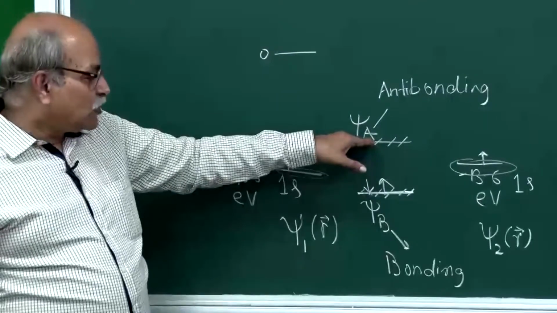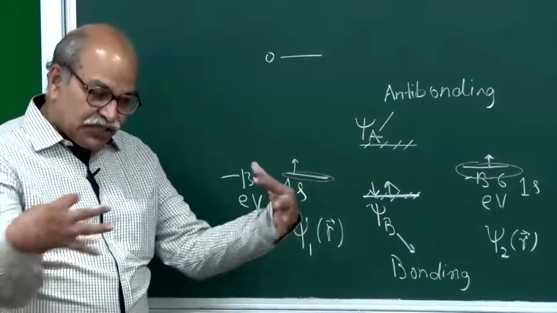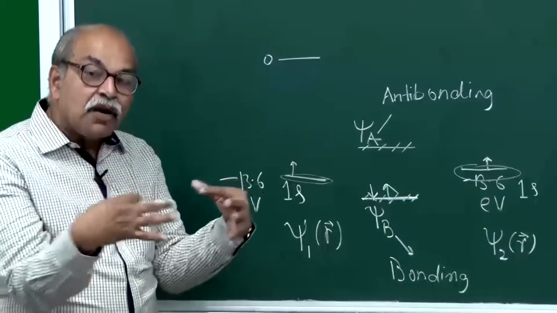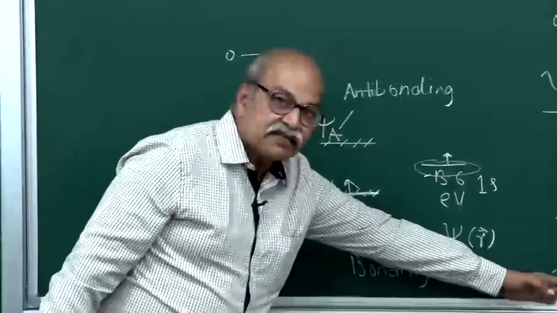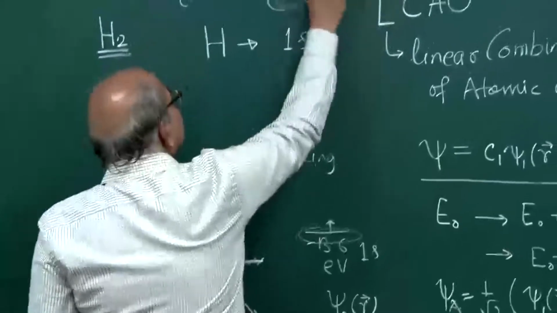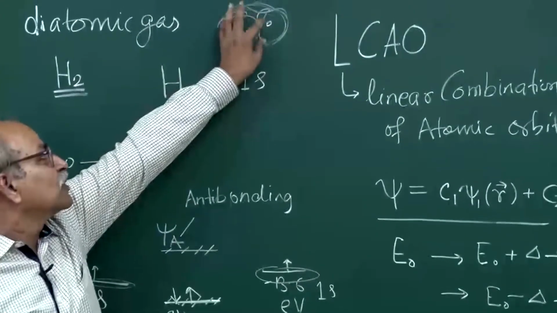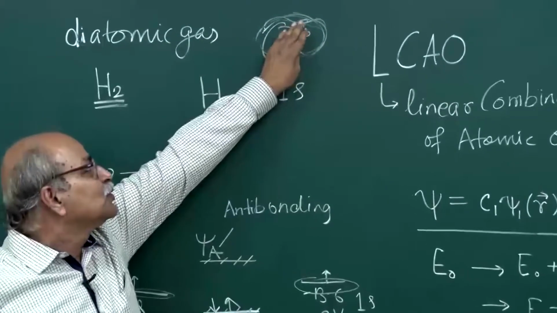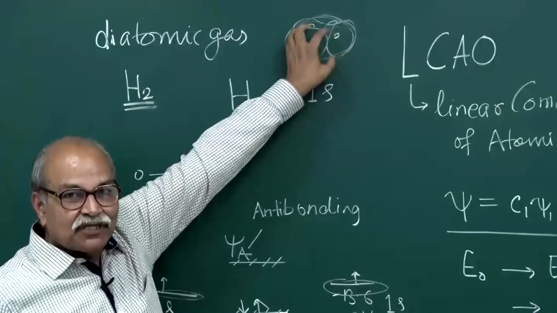Okay, this is called bonding because these are the electrons which keep this molecule bound. The wave function is symmetric, and there is some kind of an overlap here. So you have electrons which are closer to these nuclei, and it's a bonded molecule.